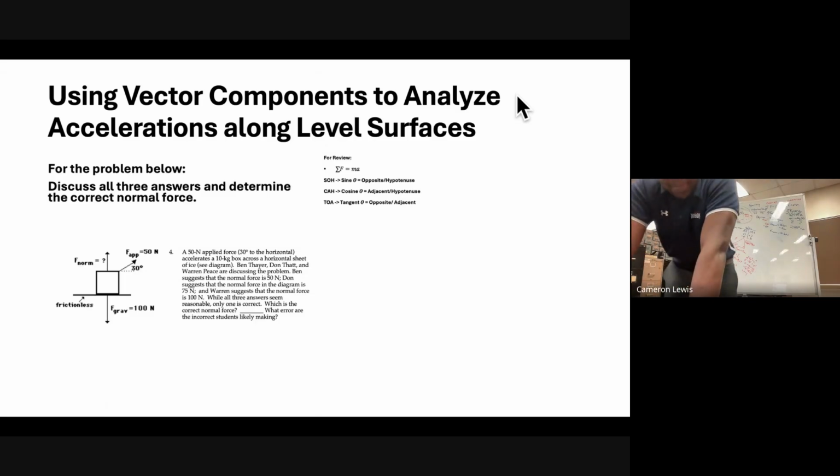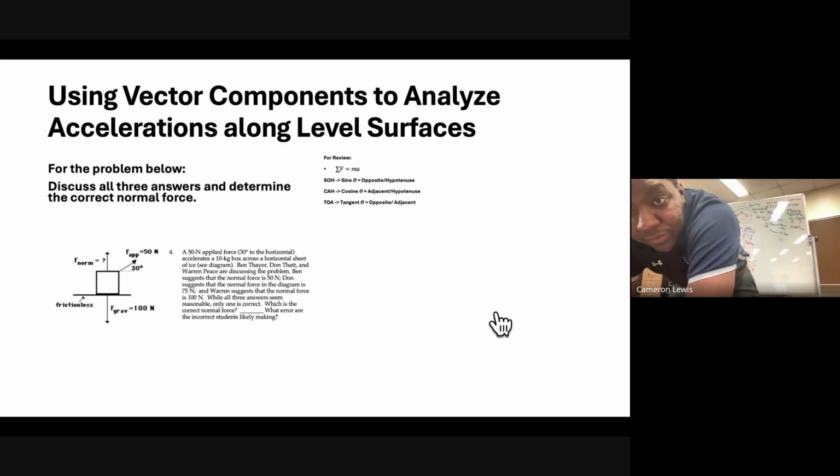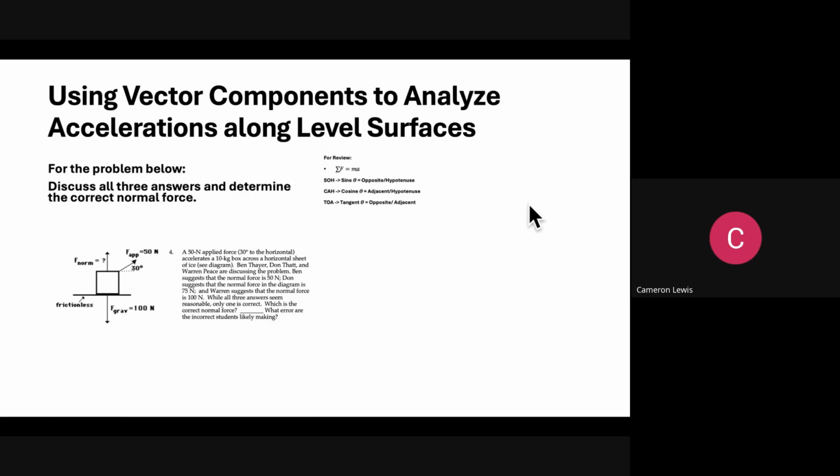So right now, let's do a show of hands. Raise your hand if you think Ben is correct and the normal force is 50 newtons. Actually, wait, let me give you 30 seconds to think on your own before you answer. Starting now.